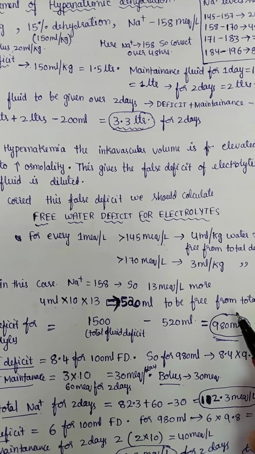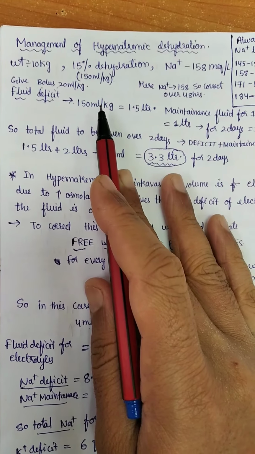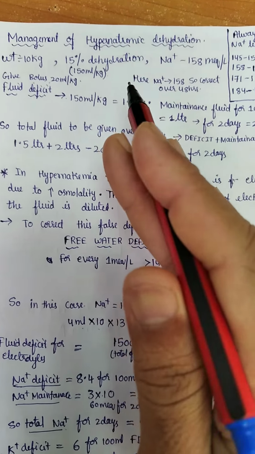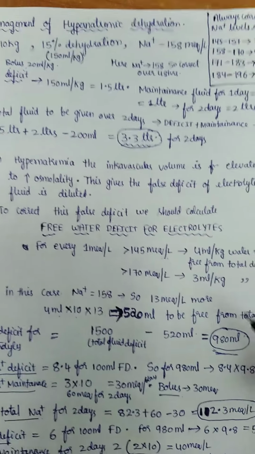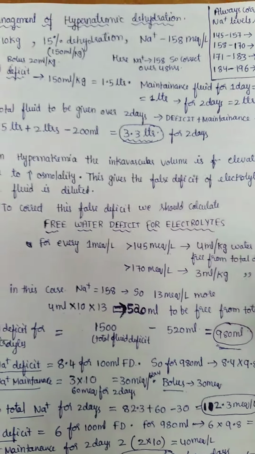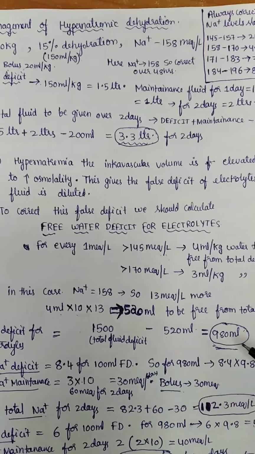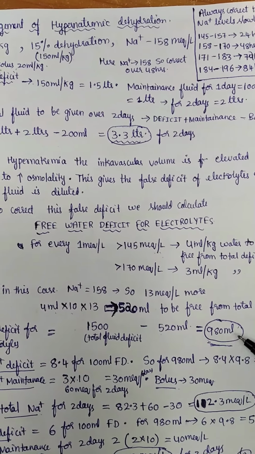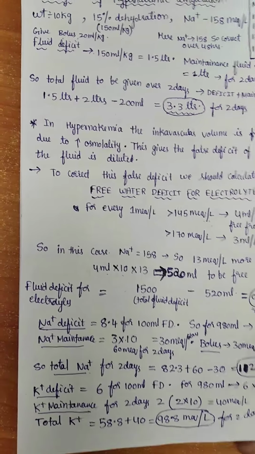Normally in hyponatremic and isonatremic dehydration, we directly take the fluid deficit. But in hypernatremic dehydration, for correction, we subtract the free water deficit from the total fluid deficit to get the fluid deficit for electrolytes.